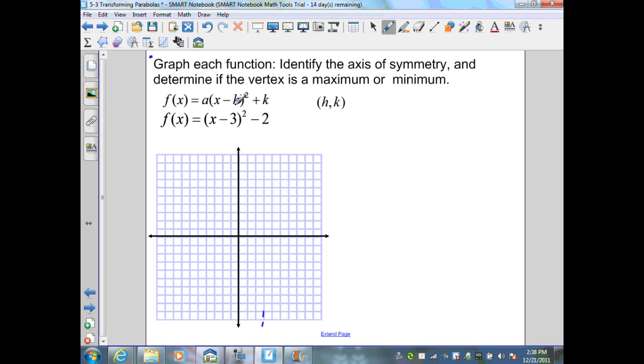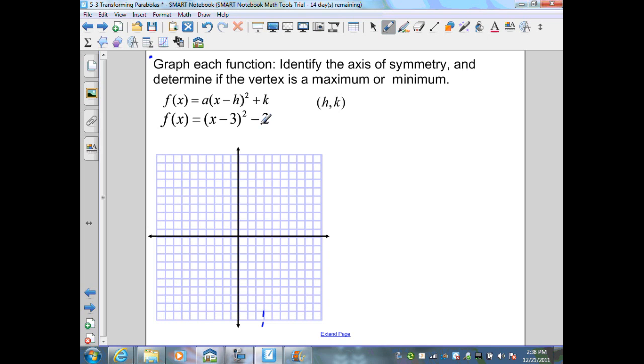If h is positive, then the function shifts to the right. Here, since my minus sign is here, my h is positive, so this moves the function 3 units to the right. If this was a negative h, that would make this a positive sign inside my quantity. The k tells me the vertical shift, whether it goes up or down. This is a minus 2, so my function is going to move down 2 units.